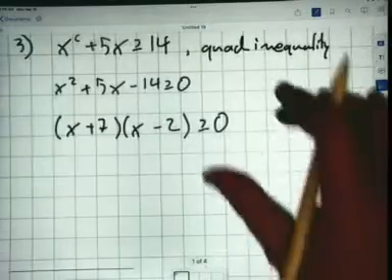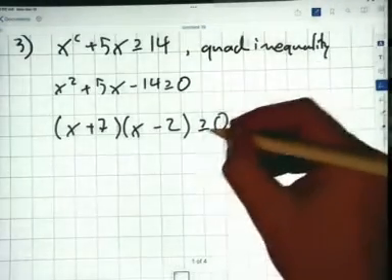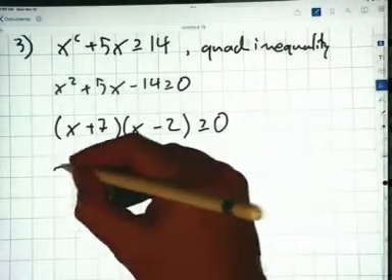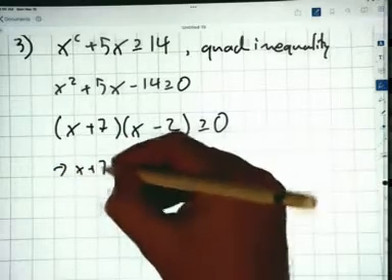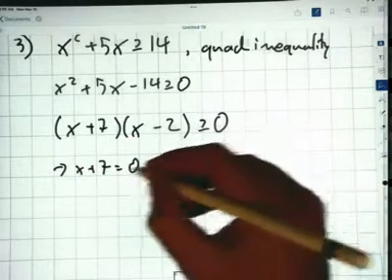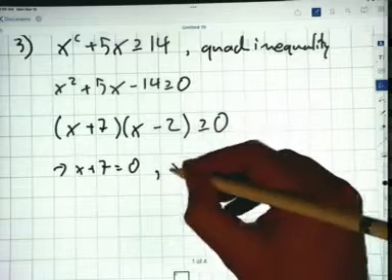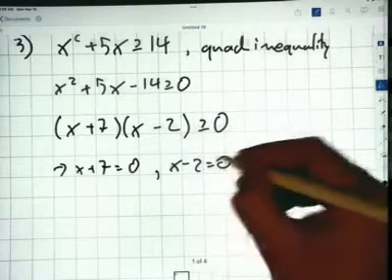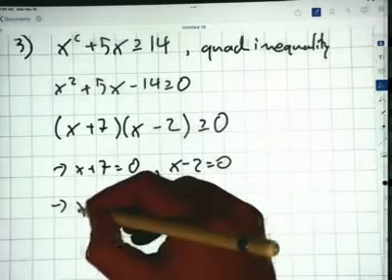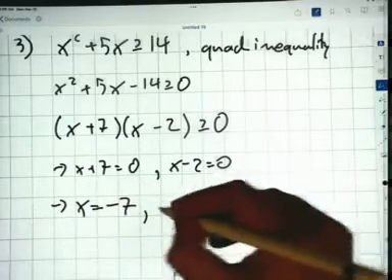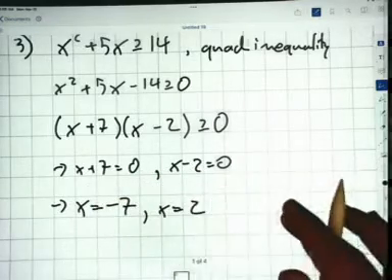Now, at this point, I'm going to transition. I'm going to get out of this or equal to thing and set each of these equal to 0. So you get that x is equal to negative 7 and x is equal to 2.